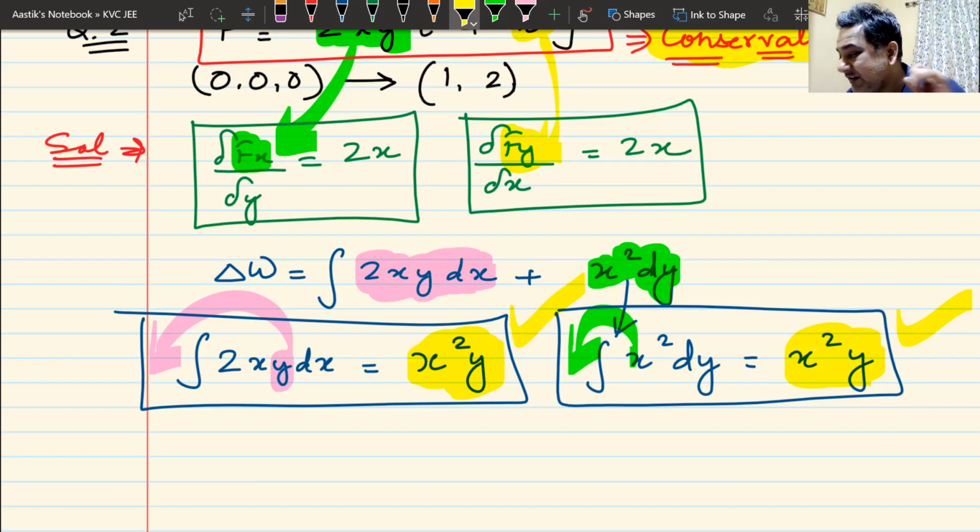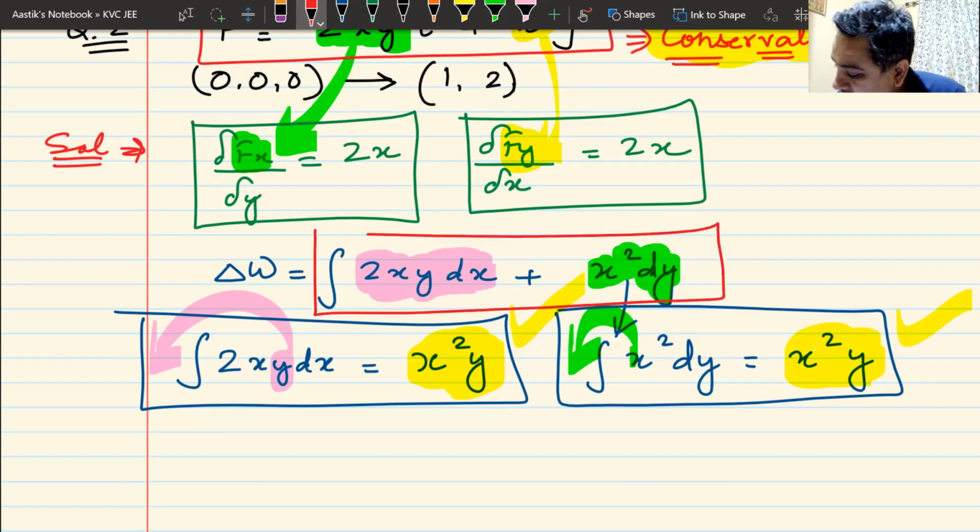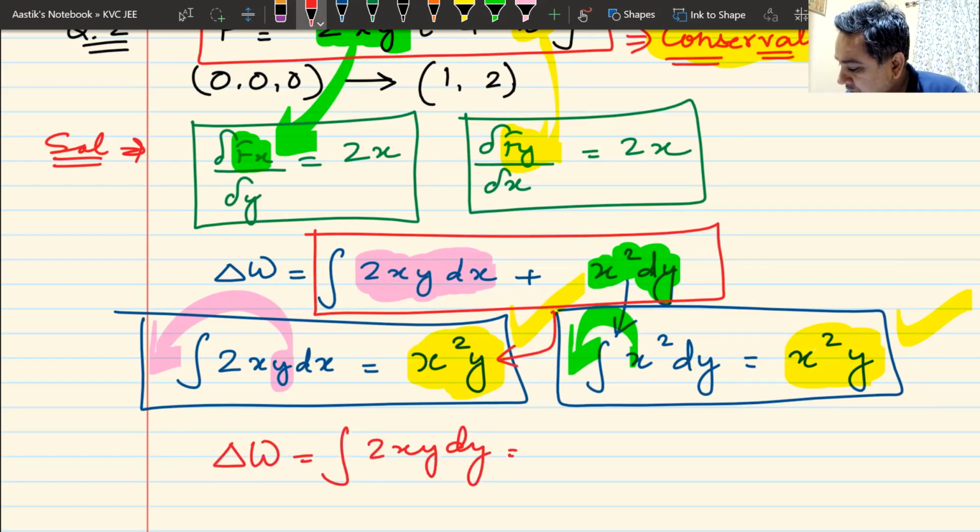Once you see that both are the same, since I have not told you how to find the derivative of multiplication, the integral of this entire thing is simply this one. So basically, what I'm going to write, delta W is the integral of 2xy dx plus x squared dy.